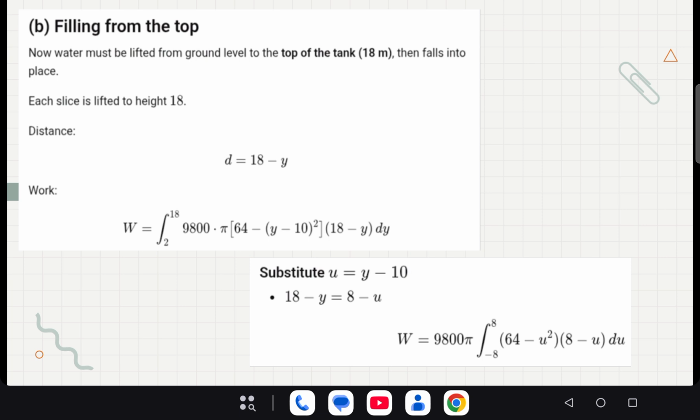So substitute u equals y minus 10. Then 18 minus y equals 8 minus u. So W equals 9,800 pi times the integral from negative 8 to 8 of the quantity 64 minus u squared times the quantity 8 minus u du.